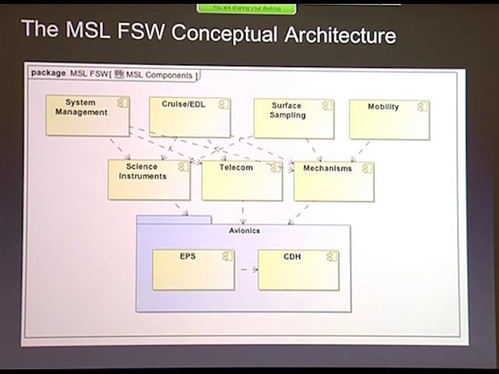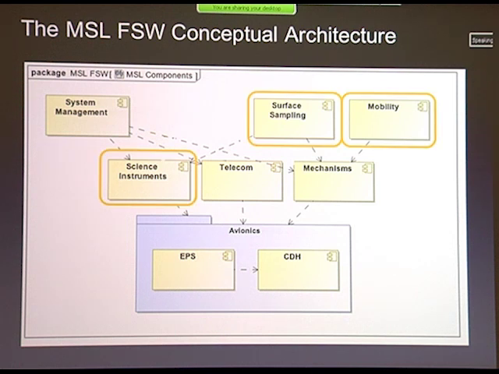So this was the overall flight software when going into cruise and EDL, and when we finished EDL, that component was removed. So you're easily able to pull out the cruise and EDL component, and what you see left is the surface software. And this really is the surface sampling, the mobility, and the science instrument component.